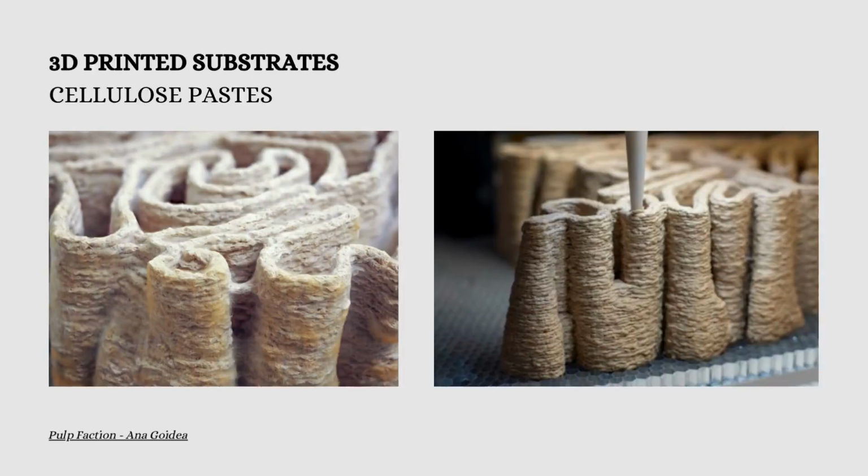And with 3D printed substrates, what normally you're looking at is a cold extrusion of a paste. Unlike regular 3D printing, which involves heating up a plastic and printing onto a heated surface as well, in this case you are not heating up your paste because you will kill the mycelium.